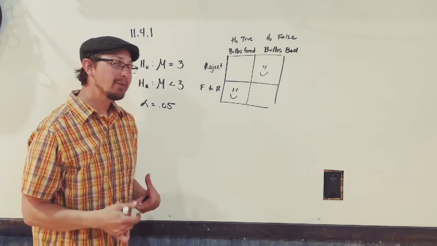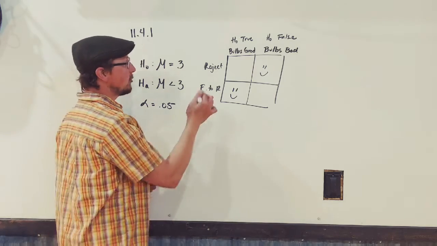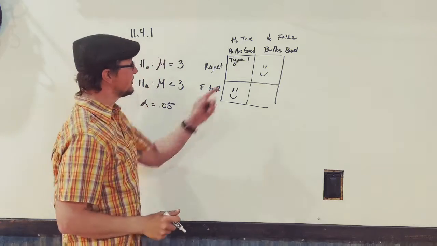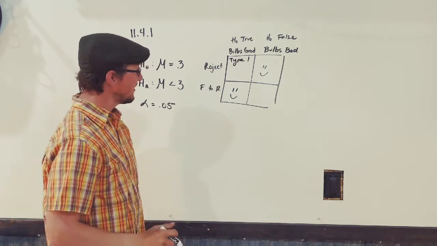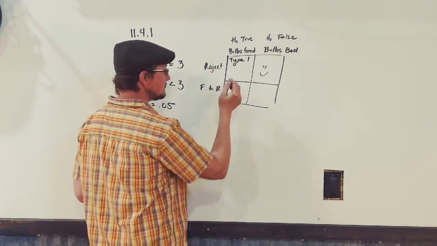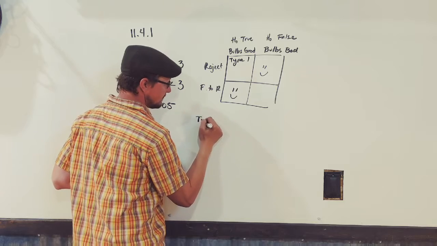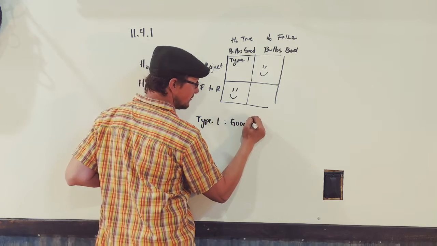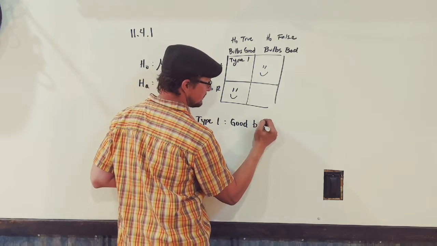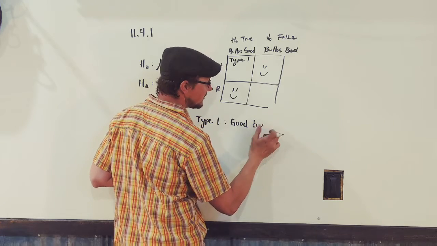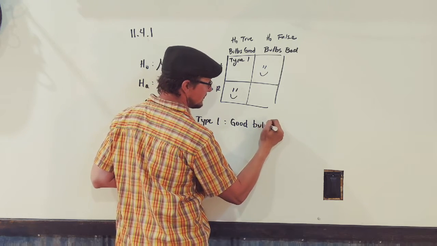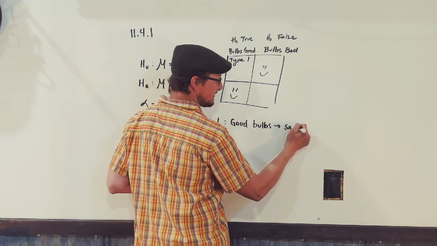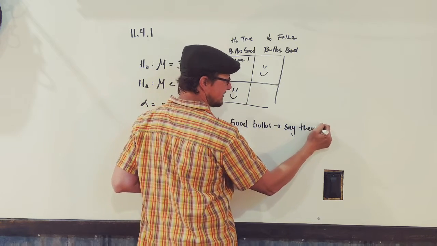So what happens in a type 1 error when you have good bulbs but you reject the null hypothesis? So type 1 is good bulbs, but we say that they're bad.